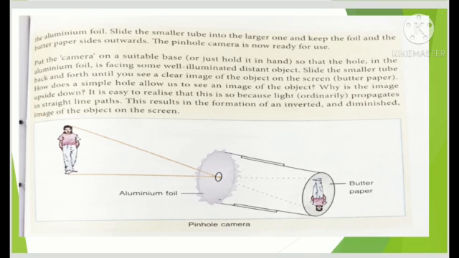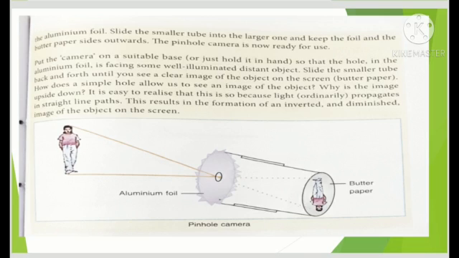Put the camera on a suitable base, or you can hold it in a hand so that the hole in the aluminium foil is facing some well illuminated distant object. Slide the smaller tube back and forth until you see a clear image of the object on the screen, that is butter paper.